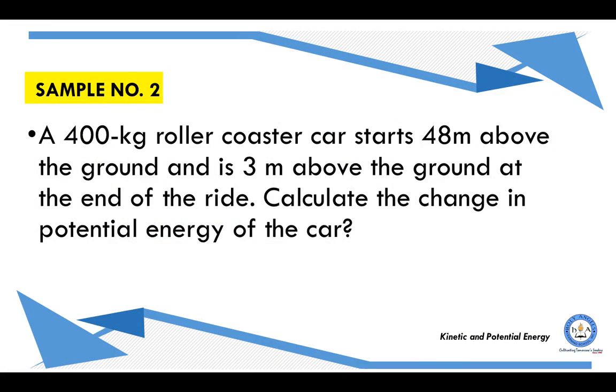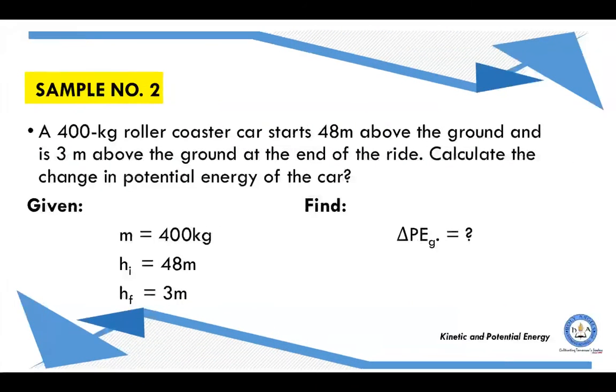And now let's proceed to the sample problem and its computation. A 400-kilogram roller coaster car starts 48 meters above the ground and is 3 meters above the ground at the end of the ride. Calculate the change in potential energy of the car. Let's substitute all the givens into the formula for gravitational potential energy. If there are two given heights in the problem, first get the final height, then subtract the initial height.